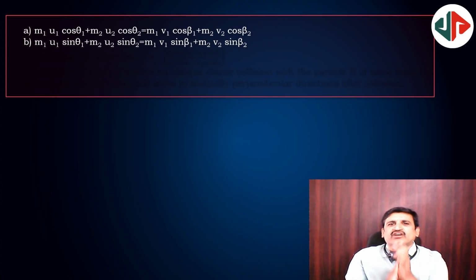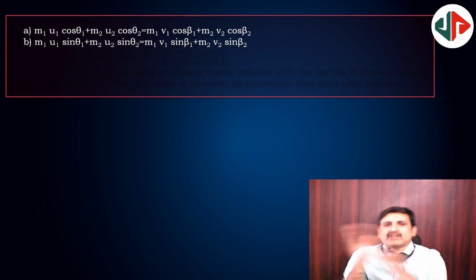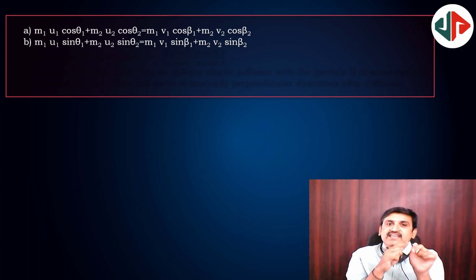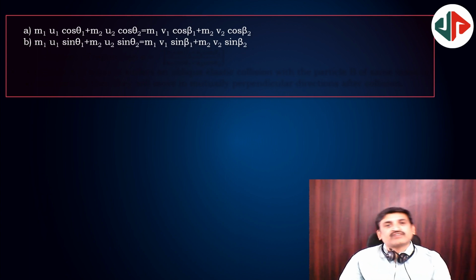That means if you are trying to equate total momentum before and after, you take the total momentum before in one direction and the total momentum after in the same direction. Either the vertical direction or the horizontal direction, whichever you take, or the vector way, automatically the i j case will be there.